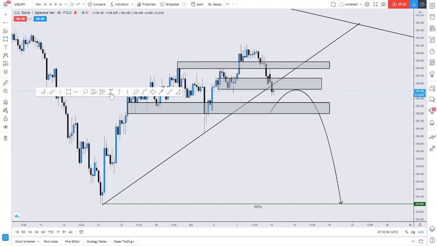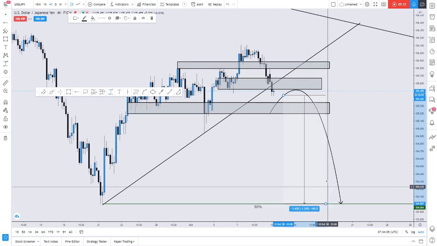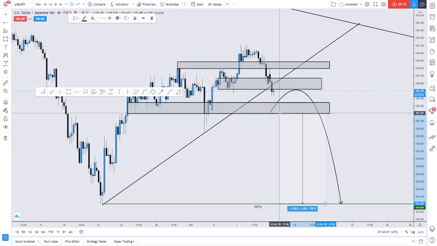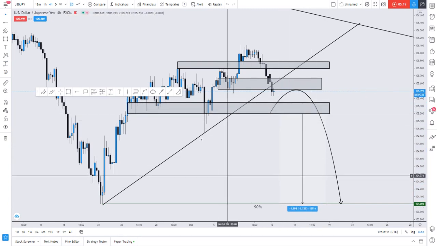And that's a ton of pips, possibly if I have a sell stop order at this area. That's just 119 pips.